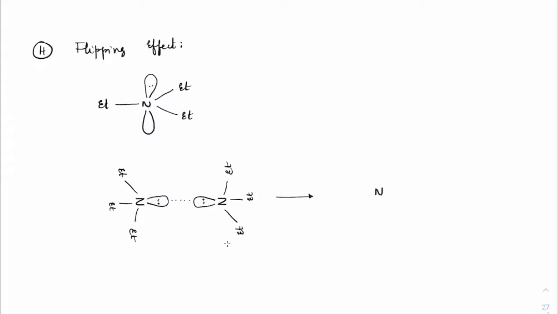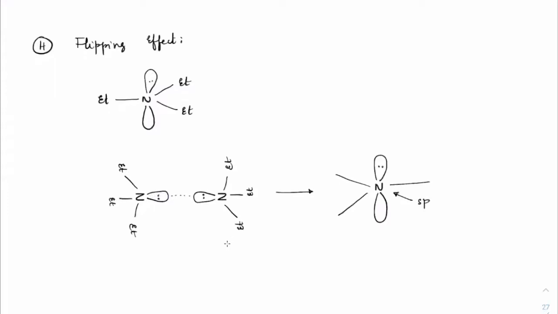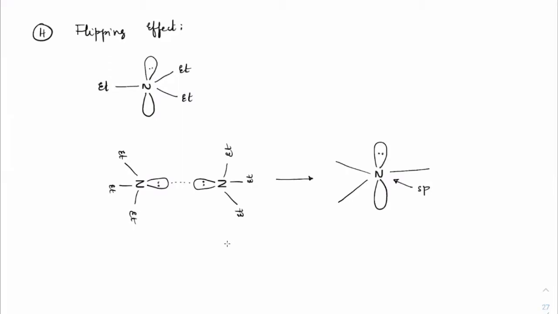And this transition state is where we have the lone pair observed in an sp2 hybridized orbital like this. So from being sp3, they will convert into this transition state momentarily.